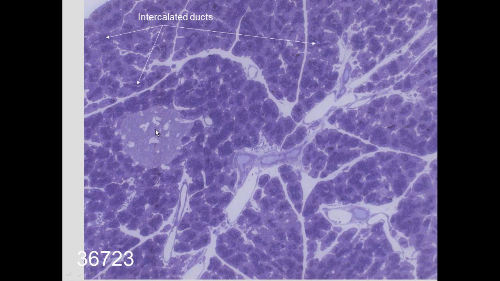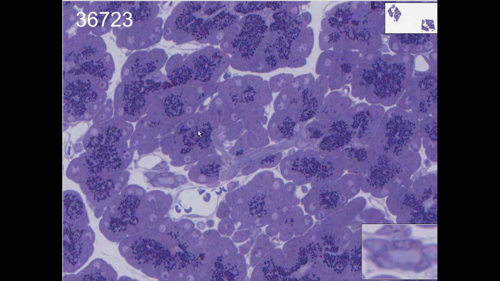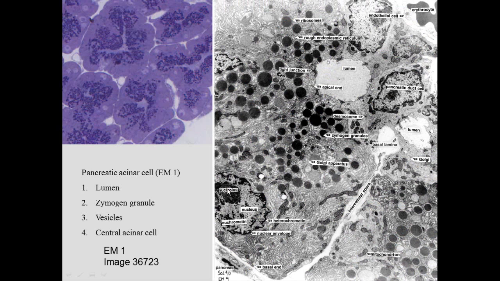First capillary network here, second capillary network over in that region. Again, an intercalated duct, very nicely one right here. In a longitudinal view of one, you can see the gray stuff inside there, which is the secretions, pancreatic acinar cells, a little blood vessel right in through there.